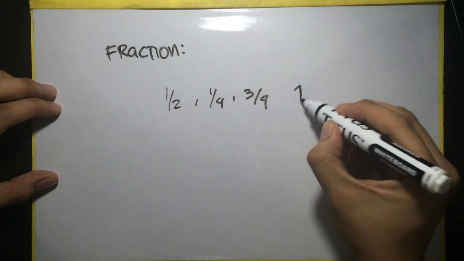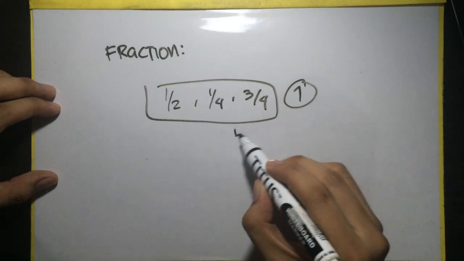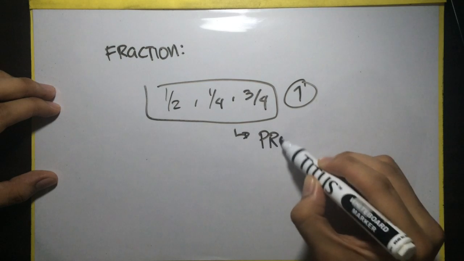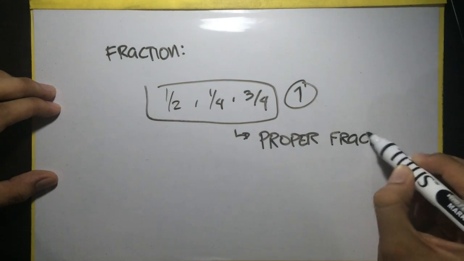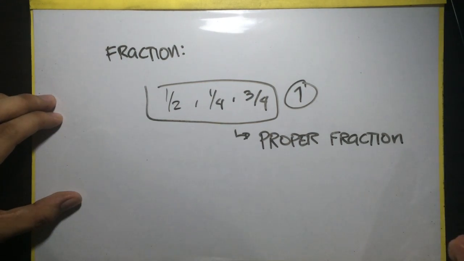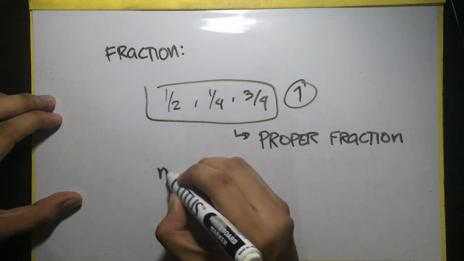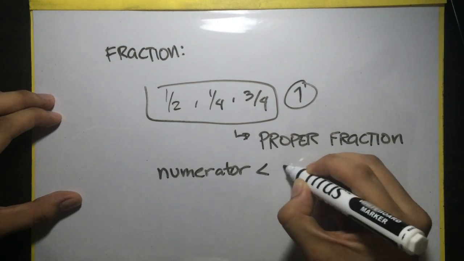Well, if you say 1, that will be a whole number, but this type of fraction is what we call a proper fraction. In order for a fraction to be proper, it has to satisfy the rule of the numerator being less than the denominator.